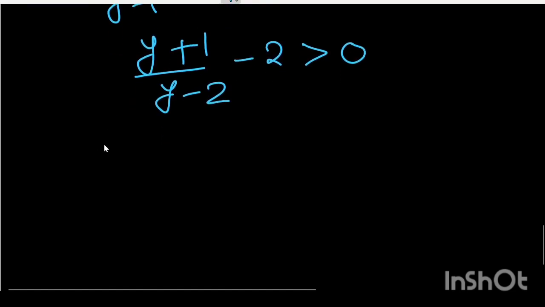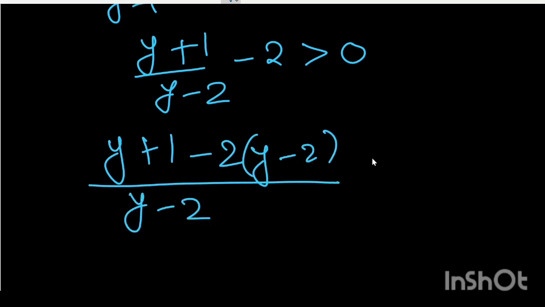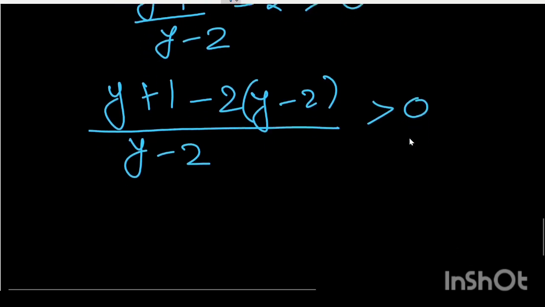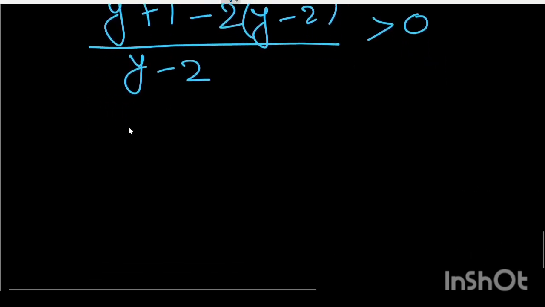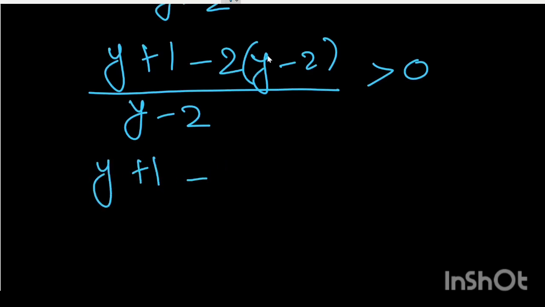Now we will take LCM, guys. Y plus 1 minus 2 bracket (y minus 2), upon y minus 2, is greater than 0. Now in the next step, guys, we will multiply minus 2 to y plus 1.